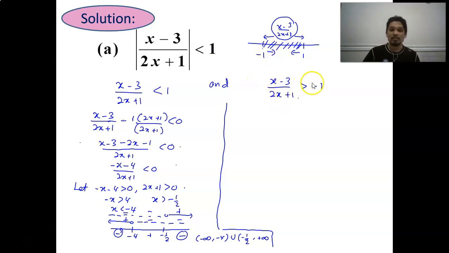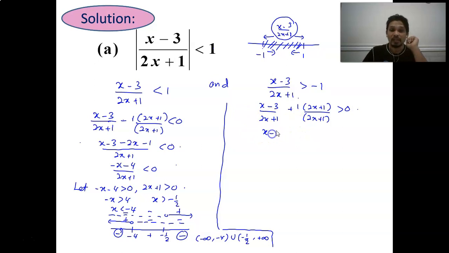Okay, so now bring this negative 1 to the side. x minus 3 divided by 2x plus 1, negative 1 will become positive plus 1. So I come up with this one multiplied with 2x plus 1 and divided by also 2x plus 1 to equalize the denominator, and it is greater than 0.